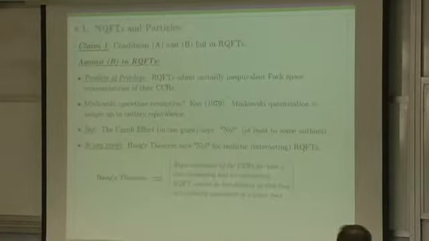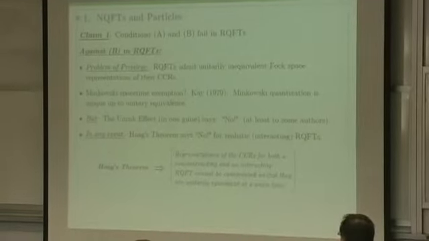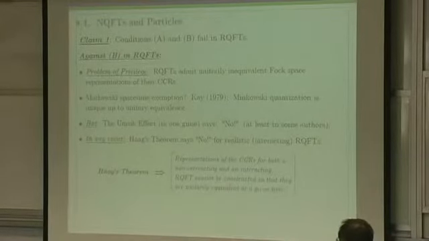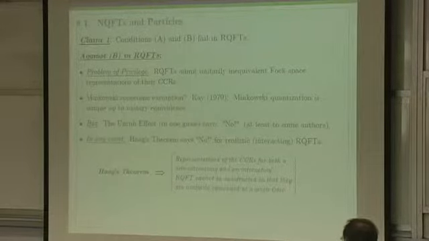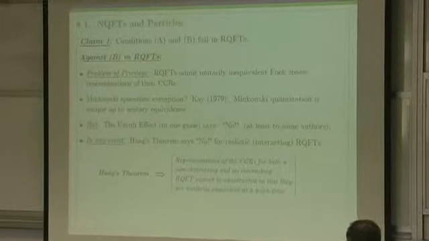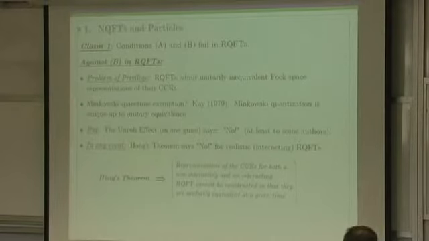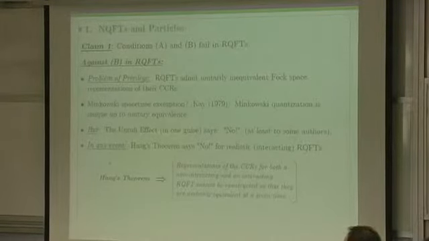Under a reasonable assumption, Haag's theorem entails that representations of the canonical commutation relations for both a non-interacting and an interacting relativistic quantum field theory cannot be constructed so that they are unitarily equivalent at a given time.